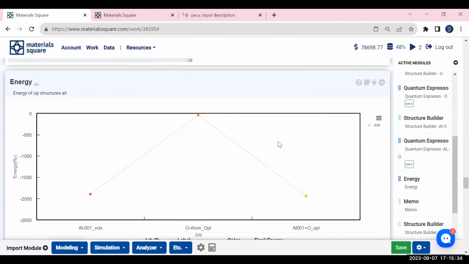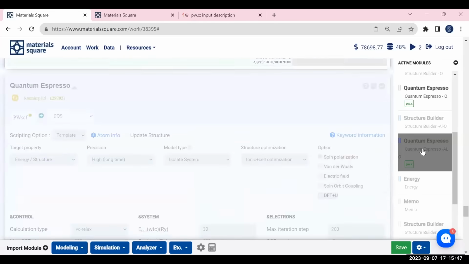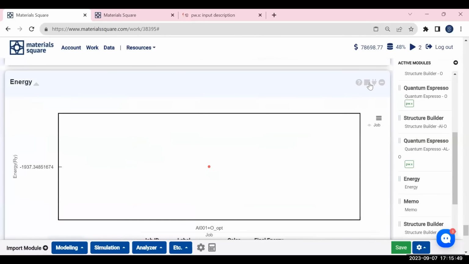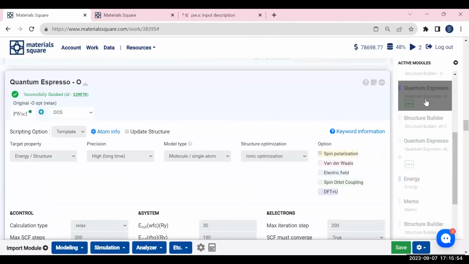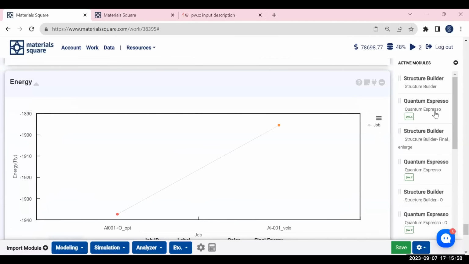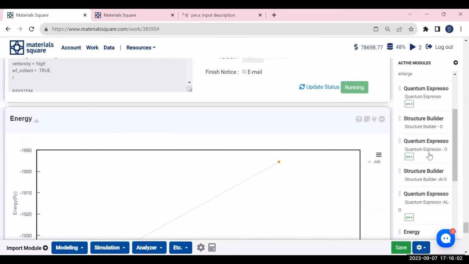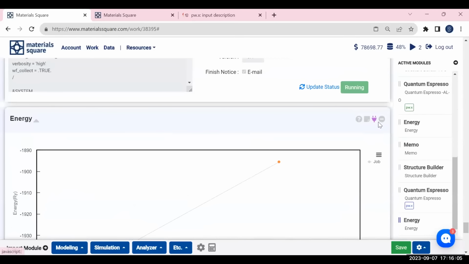So how you can grab all of this energy? We have post calculation for the DFT calculation, I mean post code analysis code. So Quantum Espresso energy, I will connect this one and just now connect the other modules. I will connect this one, pure surface, with another one.